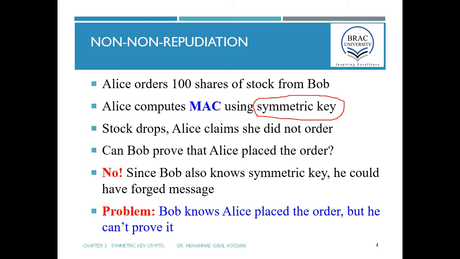So Bob knows that Alice placed an order, but he can't prove it. So this is not non-repudiation. Alice can deny that she sent the message, although she actually sent it. But Bob cannot prove it because Bob also has that symmetric key.